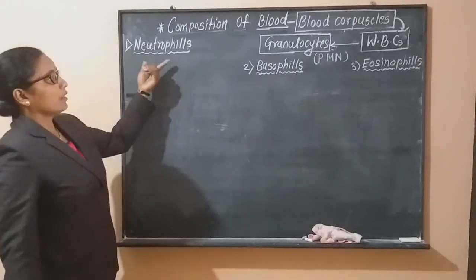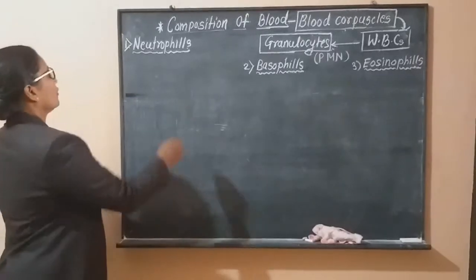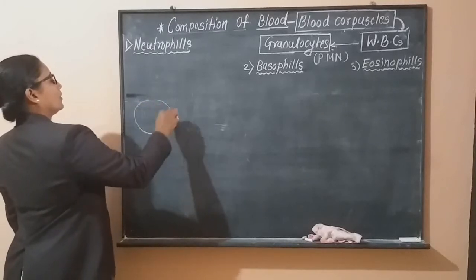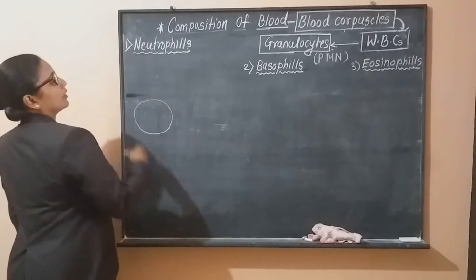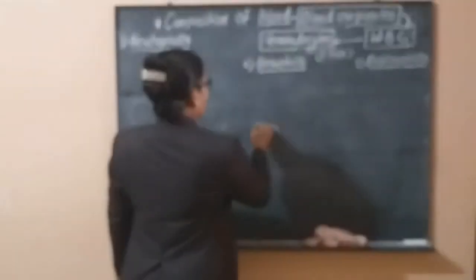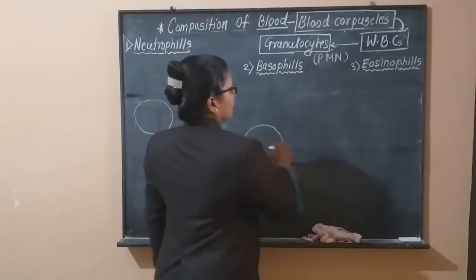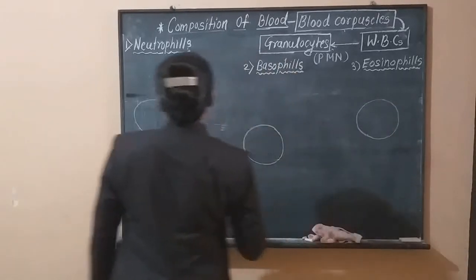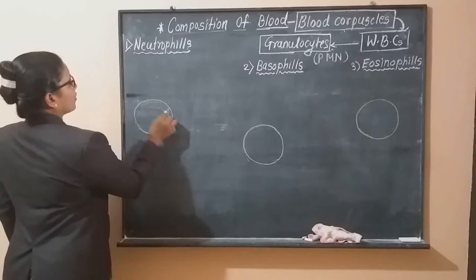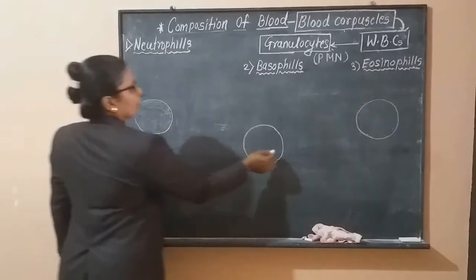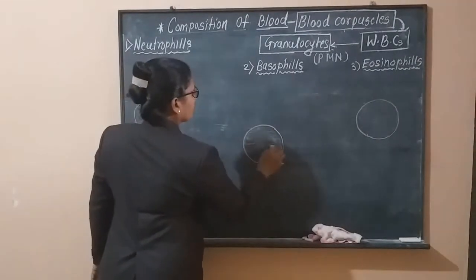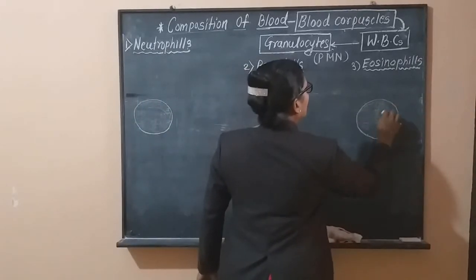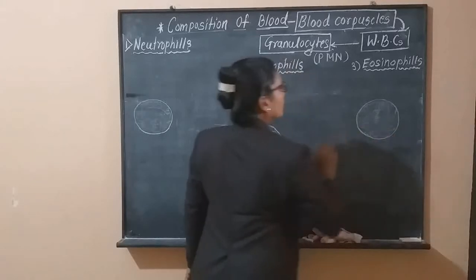Now see the neutrophil cells. If you observe these neutrophil cells, they consist of cytoplasm. But this cytoplasm consists of granules.